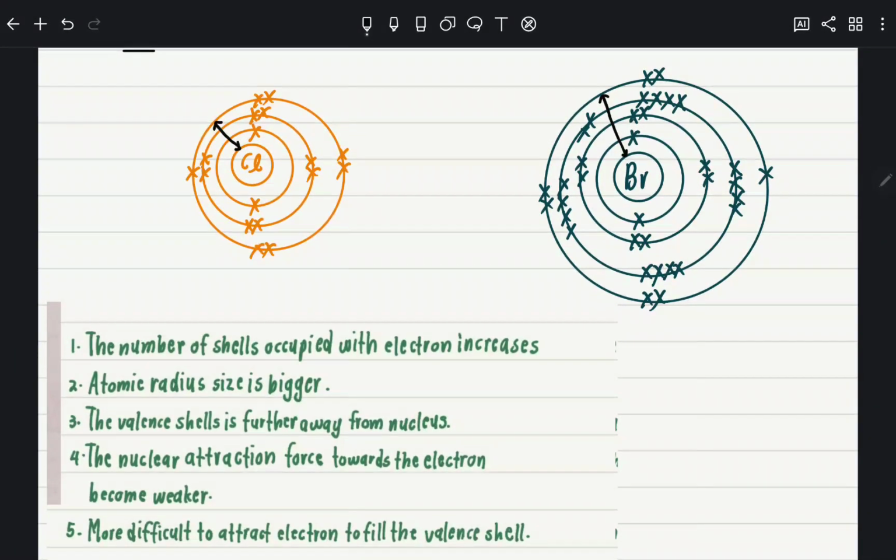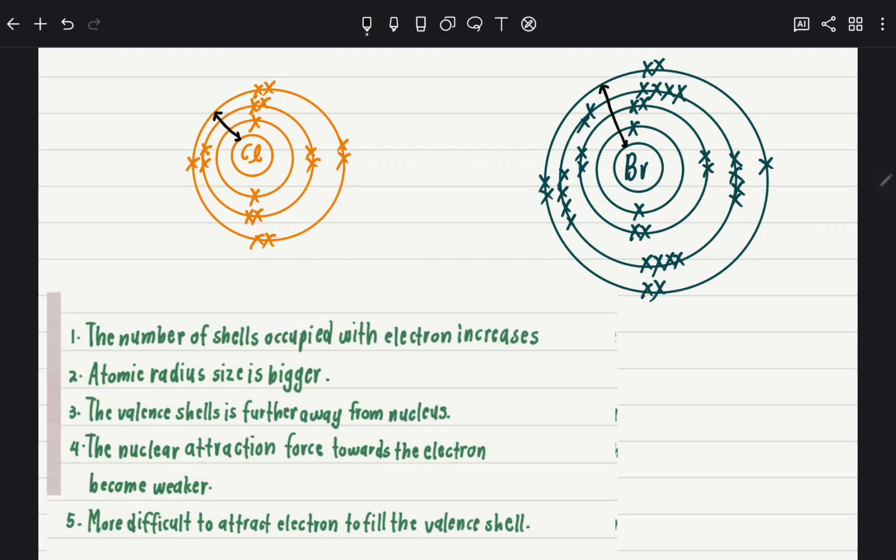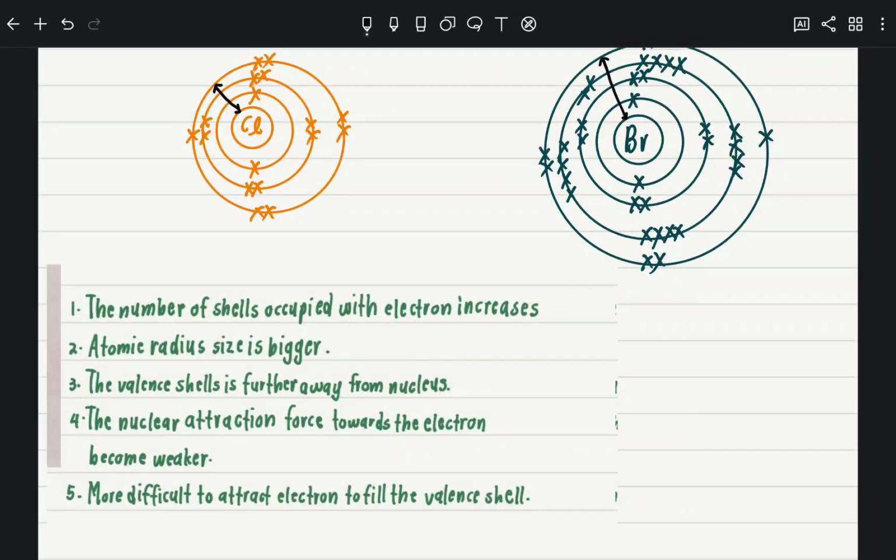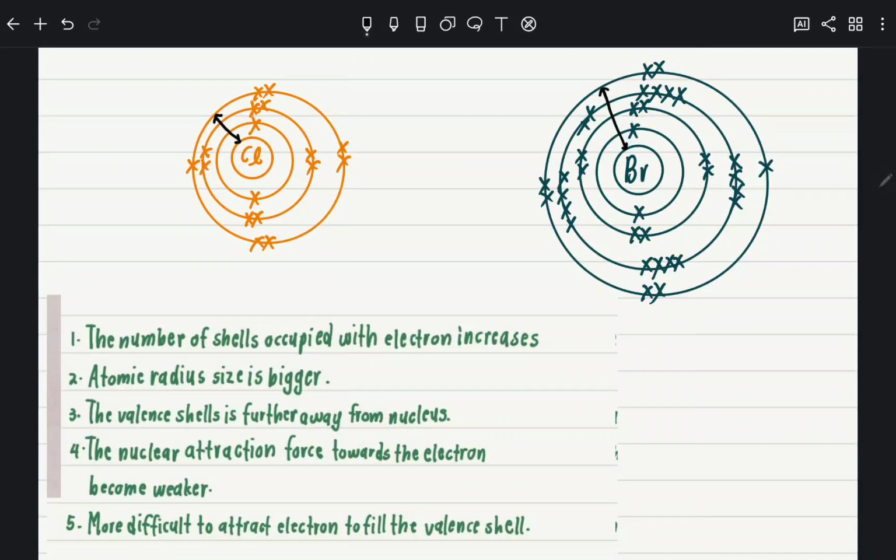Then you see the valence shell. The distance of your valence shell, the final shell, from the nucleus. For whom? Far, very far. For sure bromine. And then we have the nuclear attraction force. Because bromine's is far, would the nuclear attraction force be strong or weak? Weak.